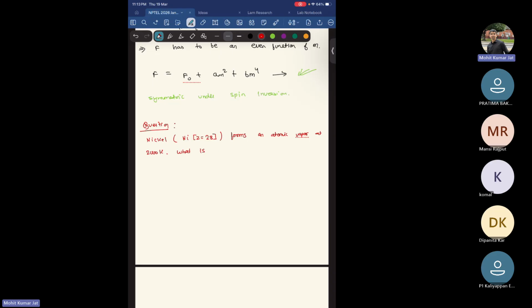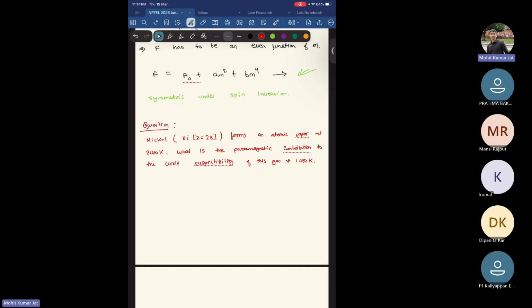So what is the paramagnetic contribution to the Curie susceptibility of this gas at 1000 Kelvin, and the answer needs to be in SI units.